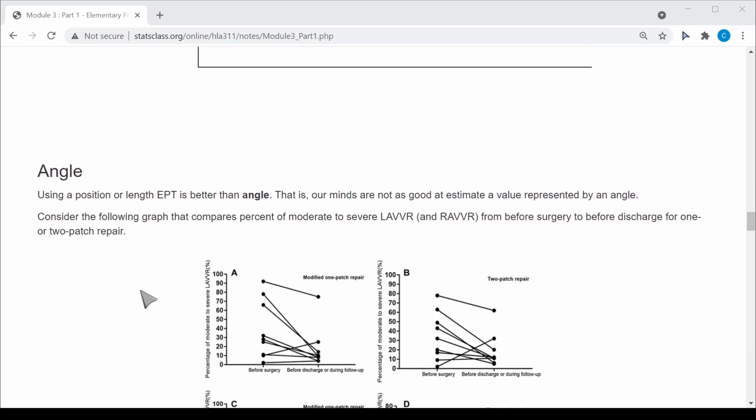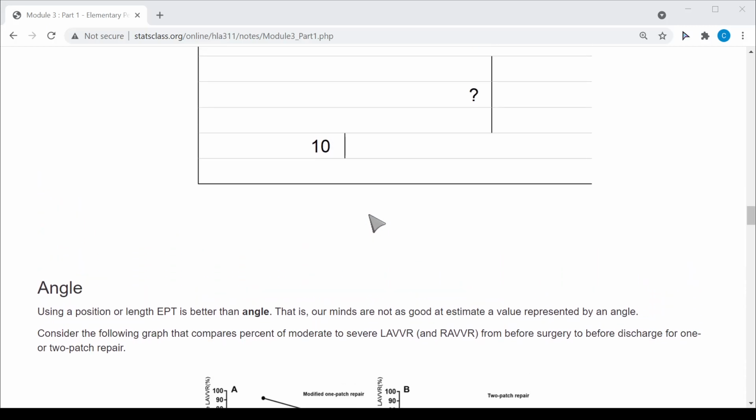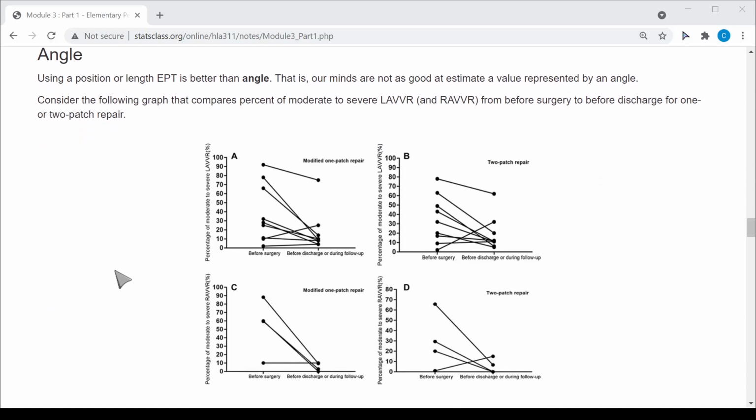Angle is another EPT that is used from time to time, and our minds are not as good at estimating a value based on an angle when compared to length or position. Angle is sometimes used in situations like the one I have presented here, where we have something happening before surgery and then after surgery, or during follow-up here.